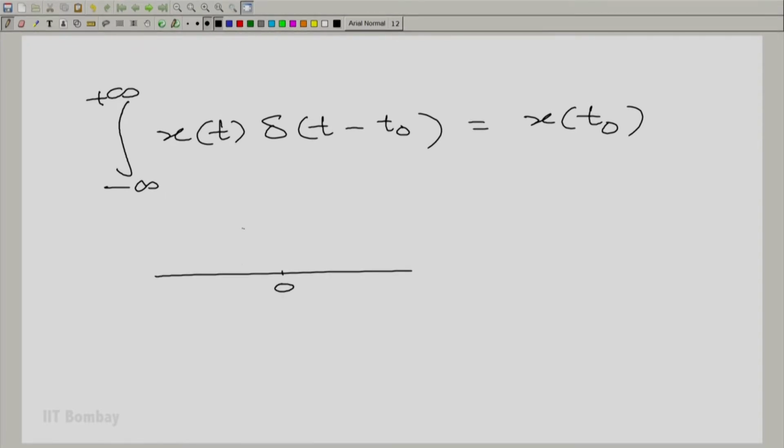I am showing delta as a function of another variable which we call lambda, and here of course I must clearly make it a capital Delta, to emphasize the point that it is spread over an interval of Delta.